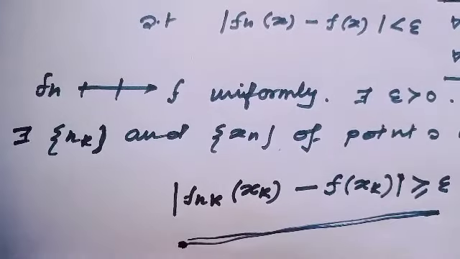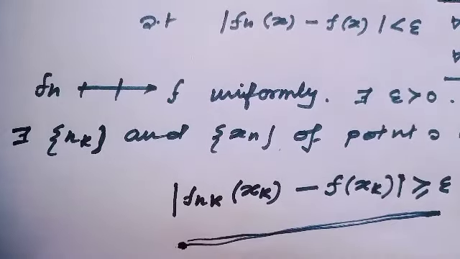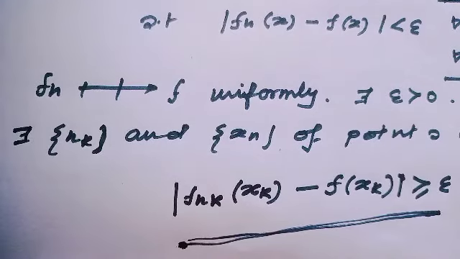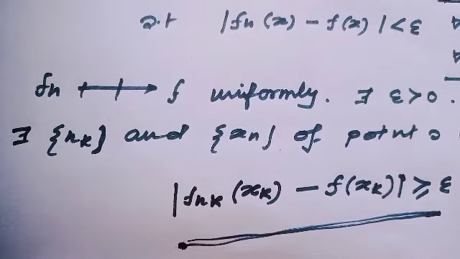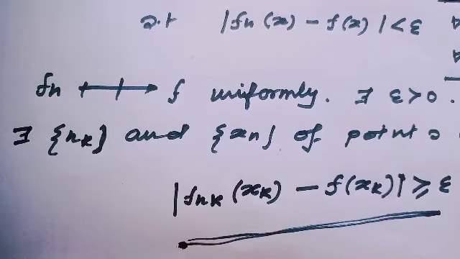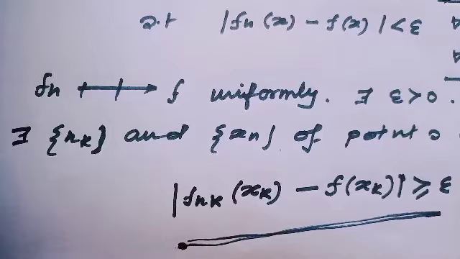Just recall, this is the same as a sequence not converging to a limit. I have seen that a sequence not converging means that if we can find one subsequence which does not converge to the limit, then we can easily say the sequence does not converge to the limit.